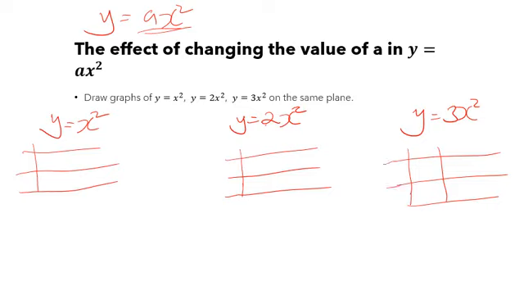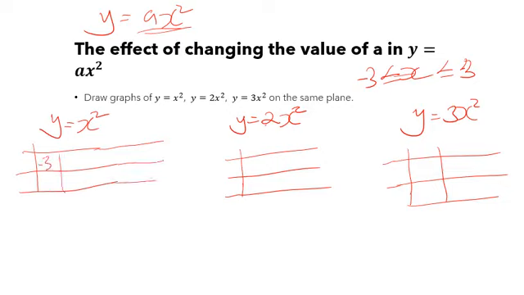Okay, so we can have any range of values. Last time we had a range of -4 to +4. In this case, maybe let's reduce. We can have the range of x from -3 up to 3.